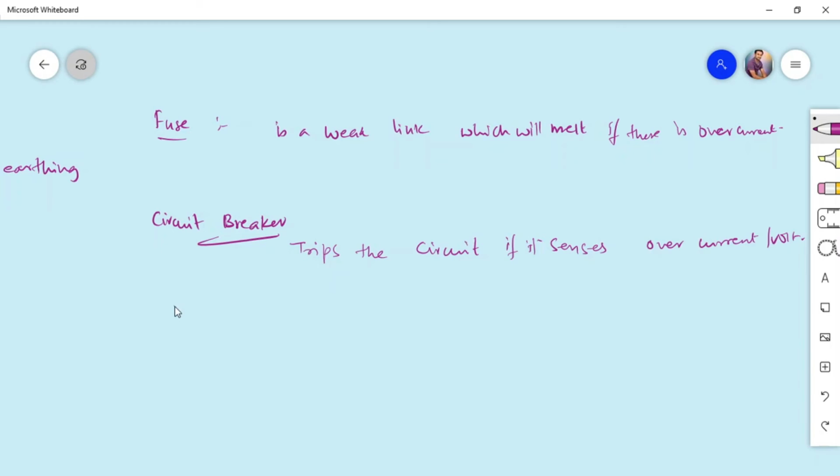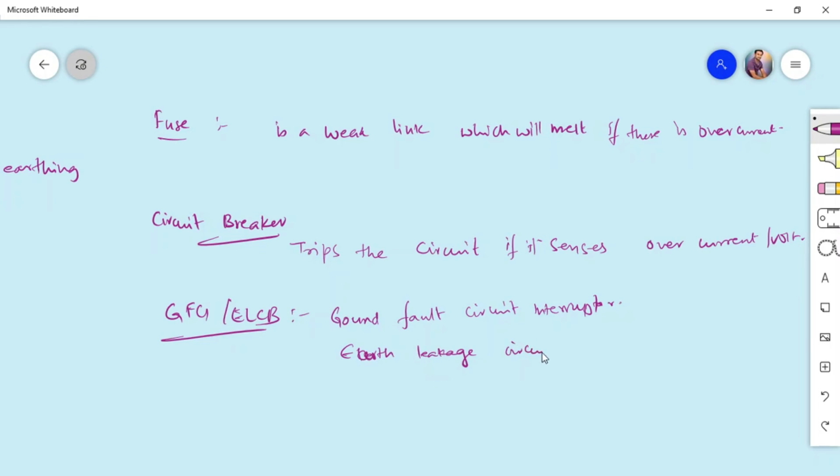The second thing is we have GFCI and ELCB. GFCI is ground fault circuit interrupter, and ELCB is earth leakage circuit breaker.